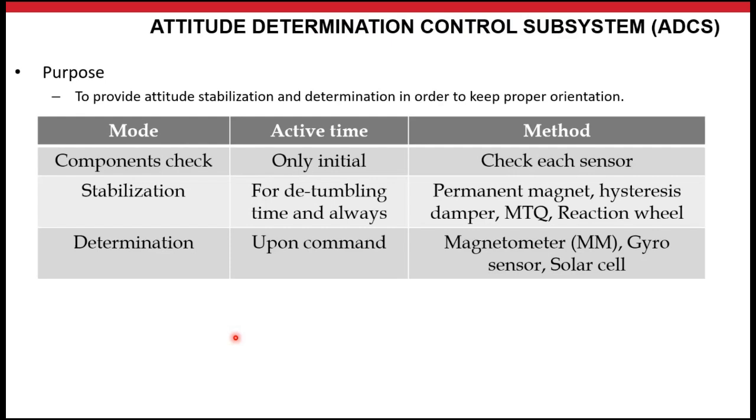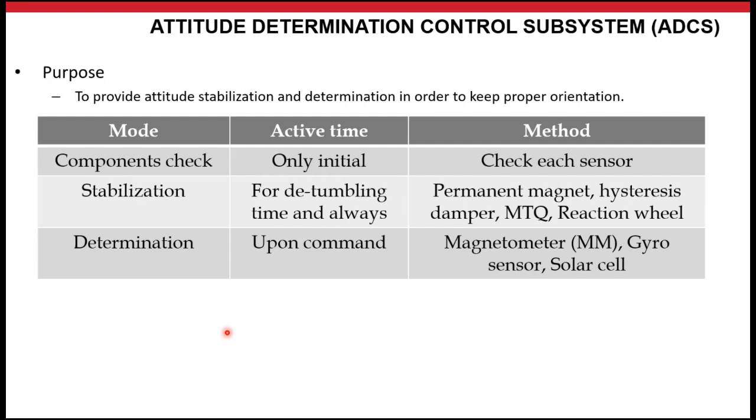Another subsystem that you may also look into is the attitude control, because this also affects how the lens will capture the image. We don't want to get a blurry image, even though it produces a high resolution.